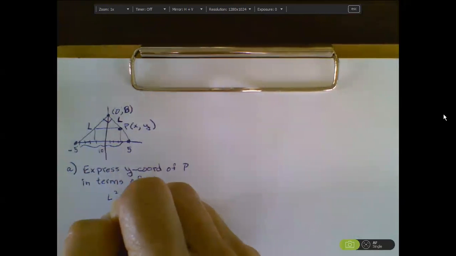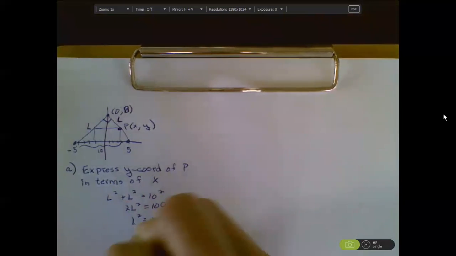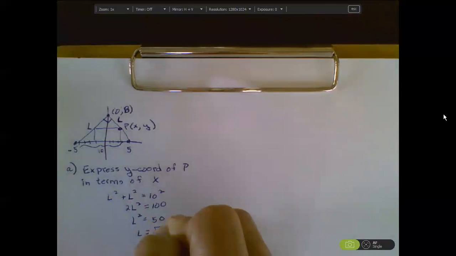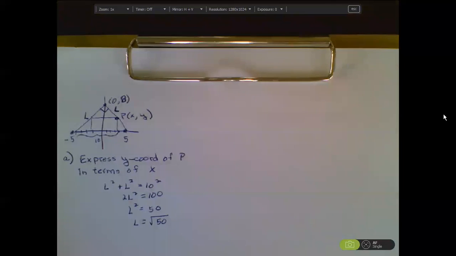So 2L squared is 100 and L squared is 50. So L is the square root of 50. Now again, whether I need that, I'm not sure, but writing down something keeps my brain from just freezing up. All right, so L is the square root of 50.